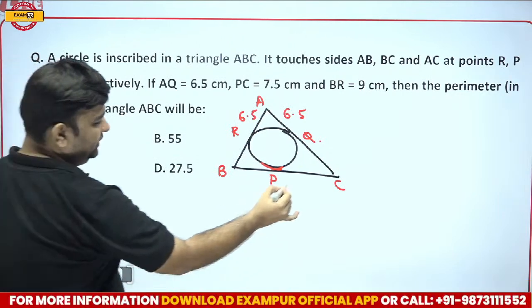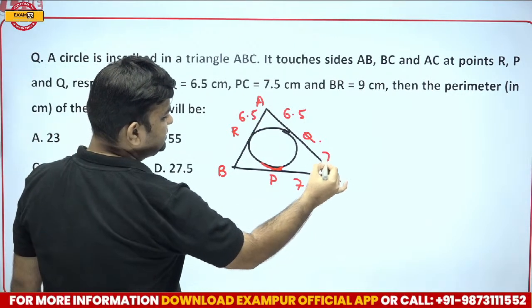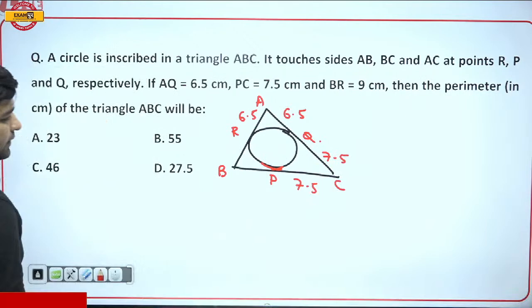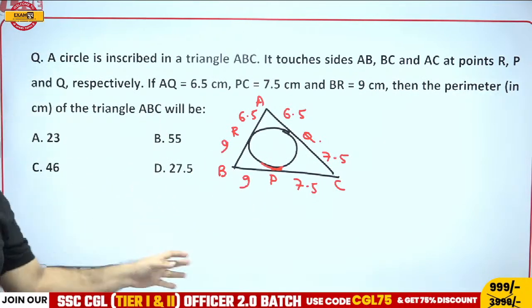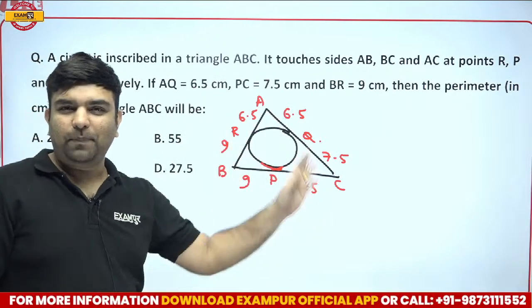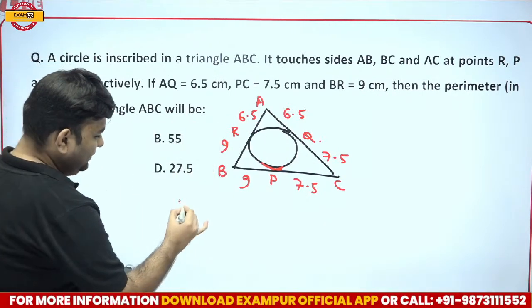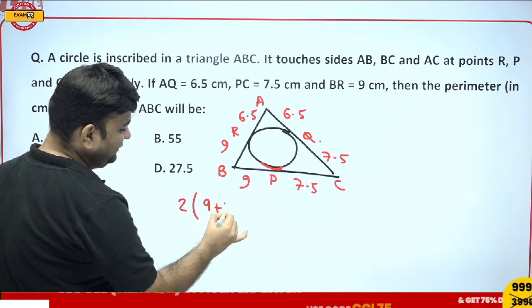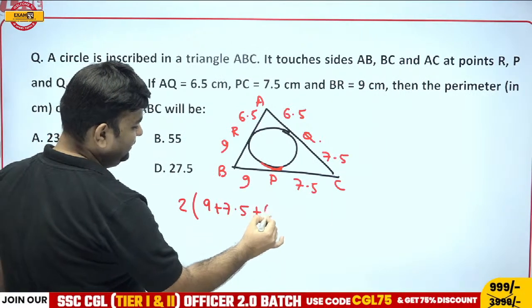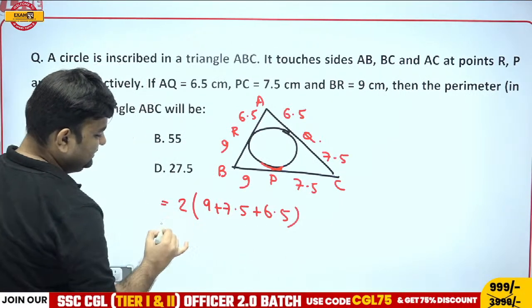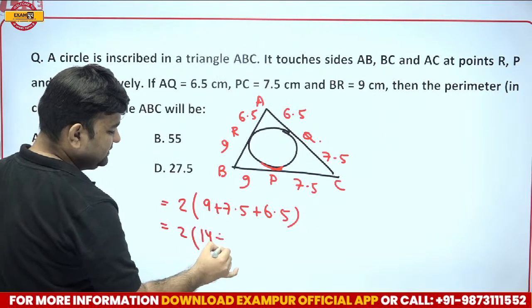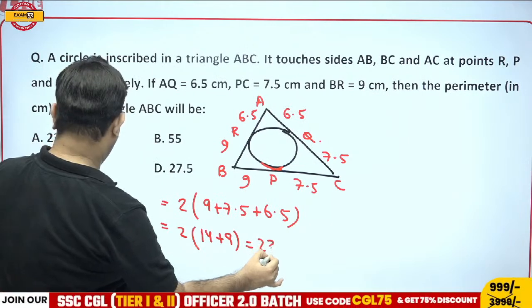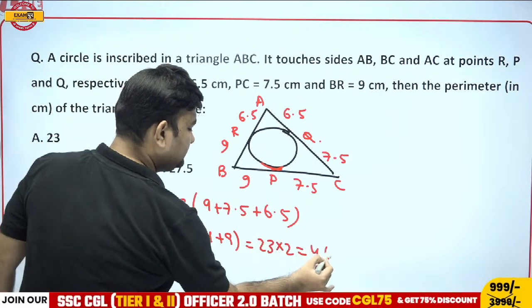PC was 7.5, it is also 7.5. BR, this is 9, this is 9. So the perimeter is double of everything, that is twice of 9 plus 7.5 plus 6.5. So this is 13 plus 14 plus 9, 23 into 2, 46.